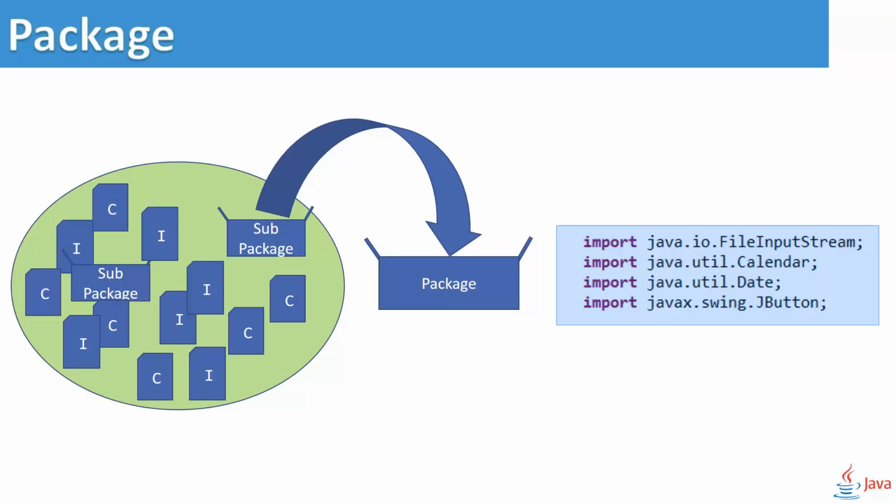Similarly, Calendar and Date are used for utility purposes, so they are part of the java.util package. In this example, we can also see some built-in packages. That means packages that are created by Java for its own purposes, like managing its own classes.